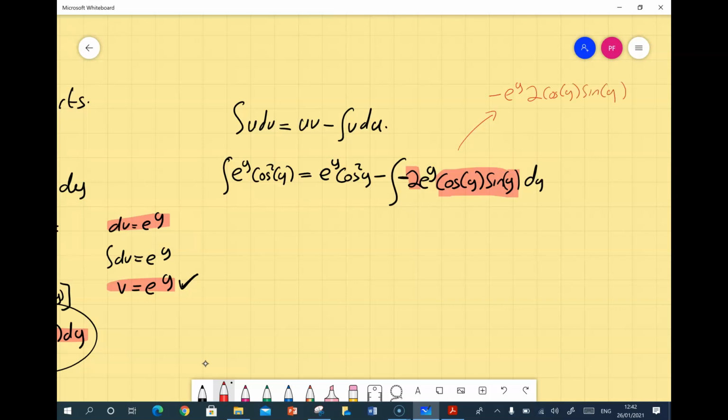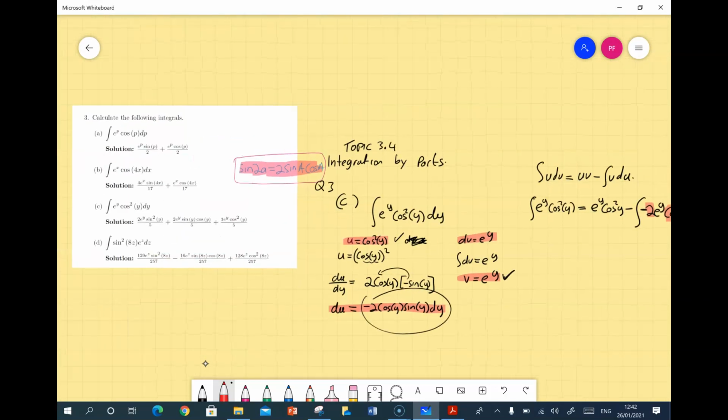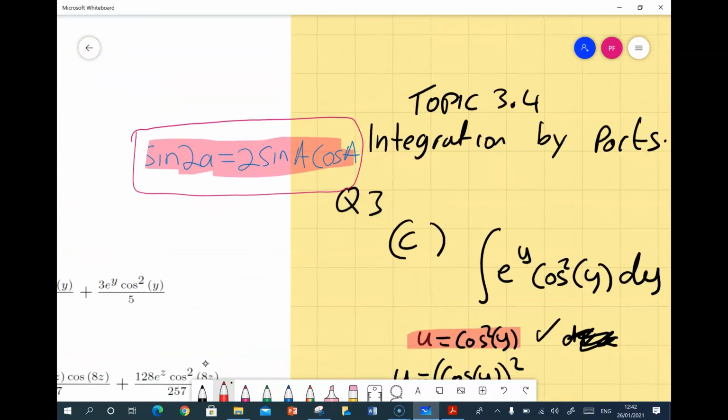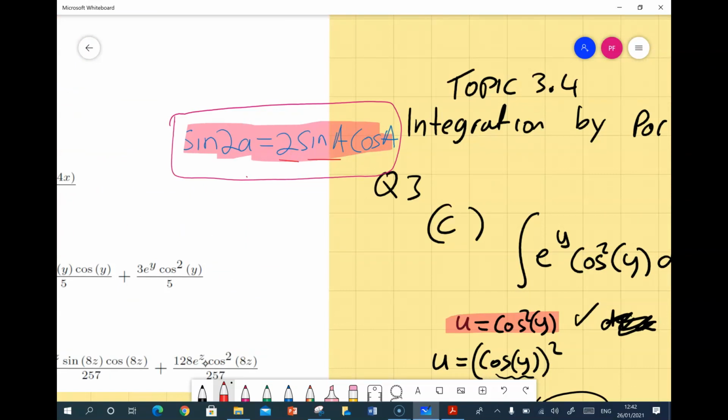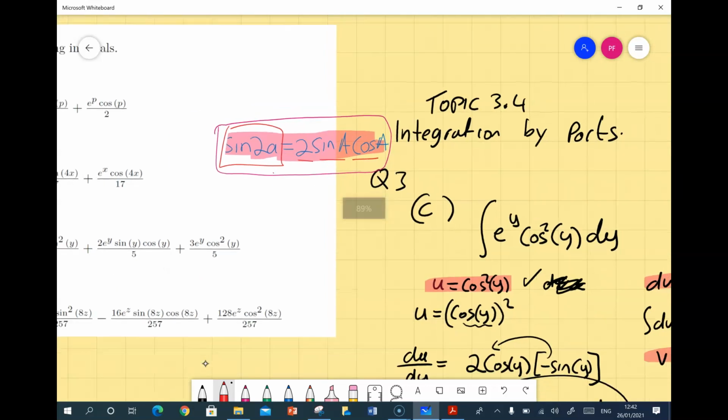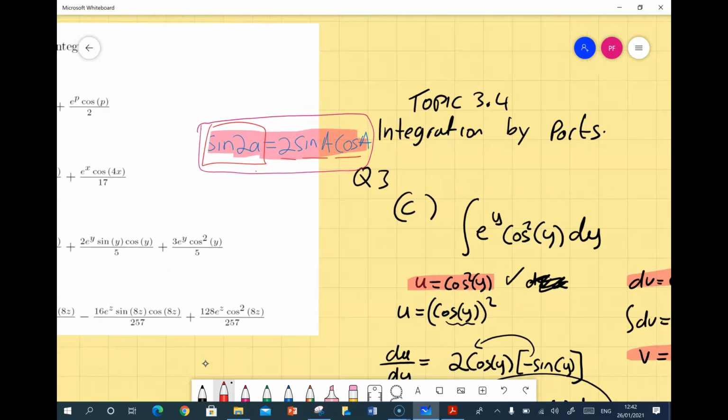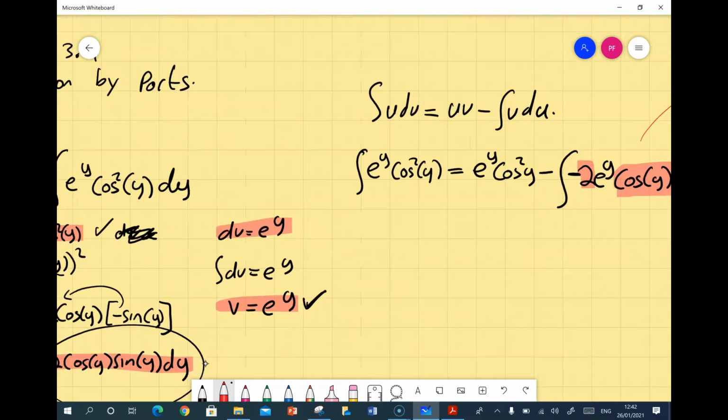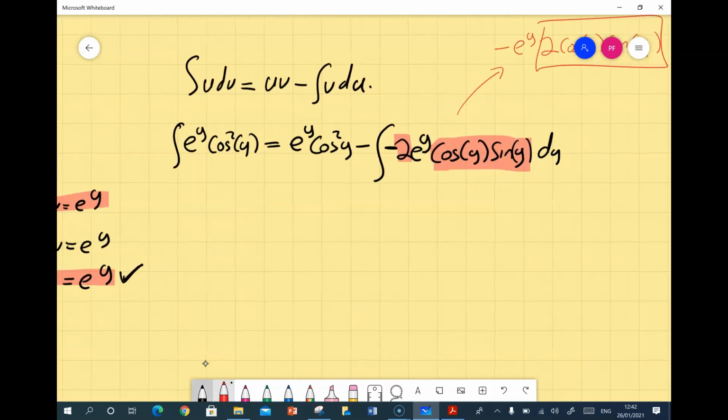But what I'm interested in is 2 cos y sine y. I have a formula in the formula book that says 2 sine a cos a is the same as sine of 2a. So I have 2 sine y cos y, so I can swap that out for sine of 2y.